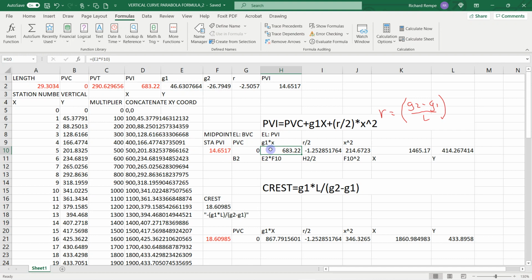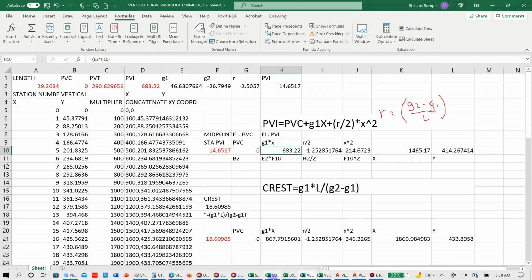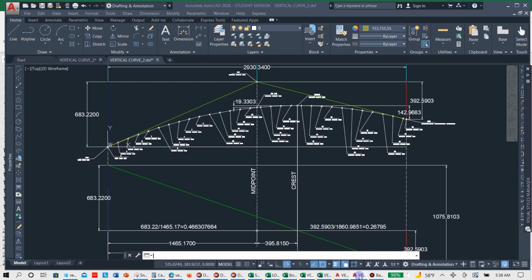G1, okay, let's just do this. G1, that's the positive grade there, times X. And, oh yeah, okay, so what I'm trying to find is the elevation at the PVI. Let's go back here, I'll show you what that is.